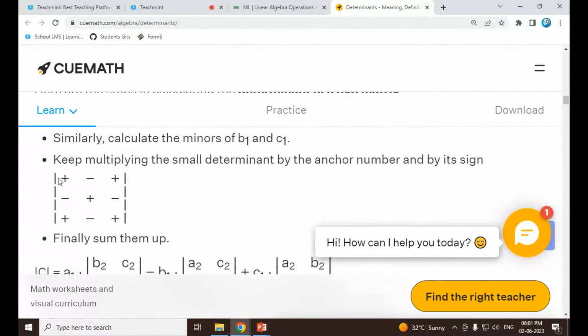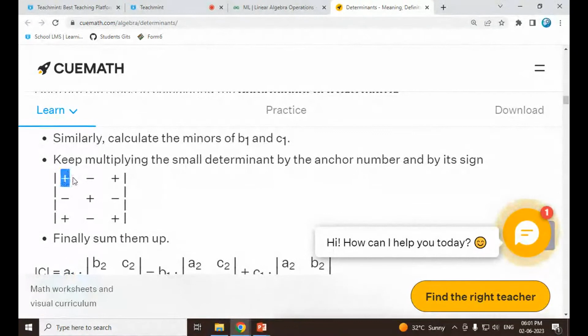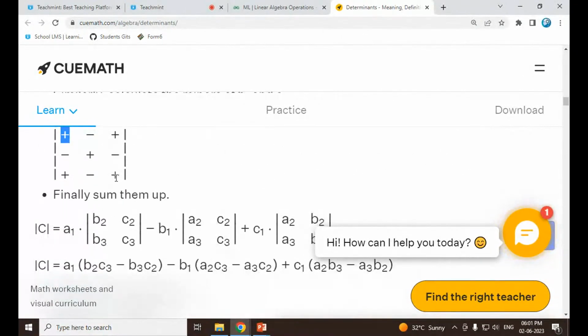This you keep as one quantity that will multiply, for example A1. Then the remaining 2 cross 2 matrix is used to calculate B2 into C3 minus C2 into B3. At these places, alphabets are not there, only signs. I'm just talking about the positions where the elements may be present.